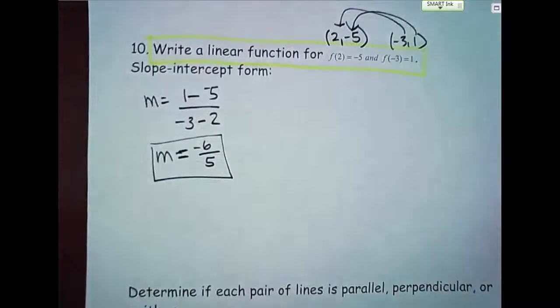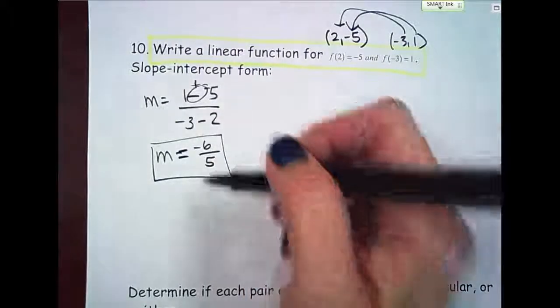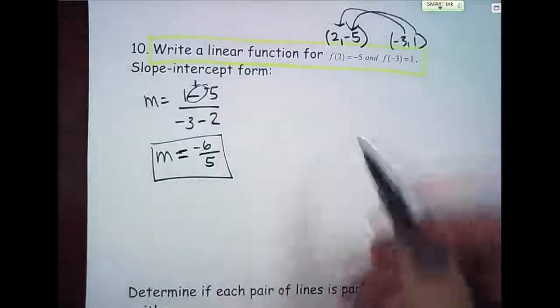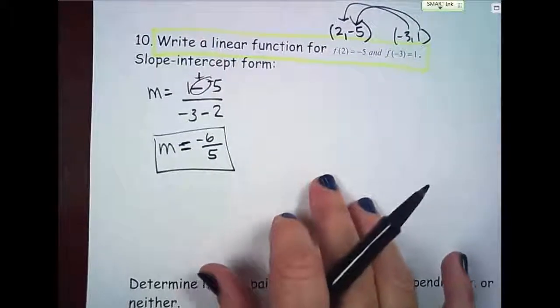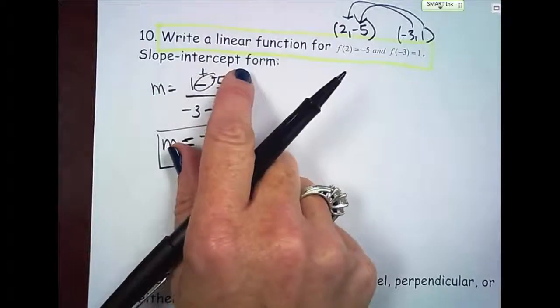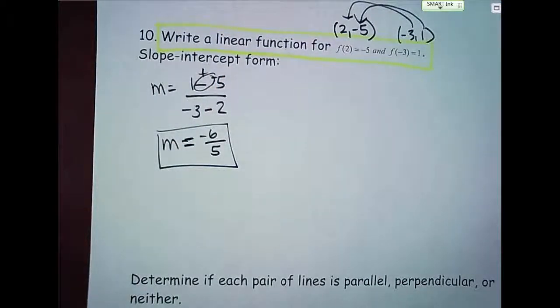Okay, and then you would just keep going. 1 minus negative 5, that's a plus. And negative 3 minus 2 is negative 5. So the slope is a negative 6, or 6 over negative 5, either way. You would just keep going. Do you guys understand how to keep going with that? To put it in slope-intercept? Absolutely, right? It's the same as all the others. Okay, go to the last problem then.